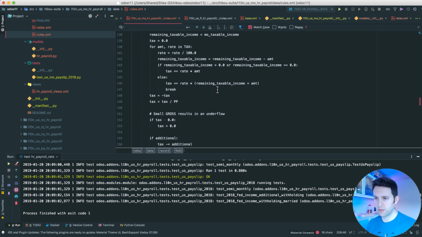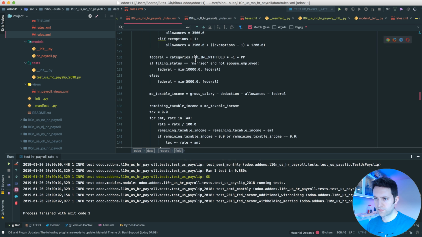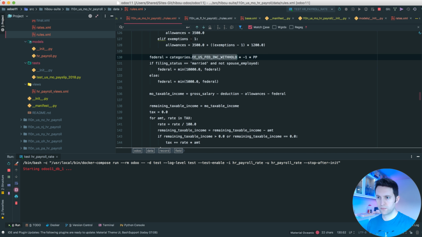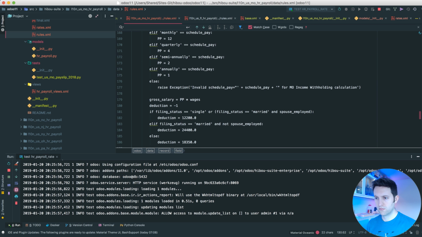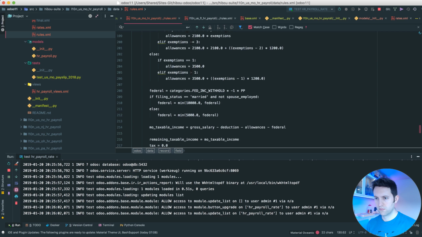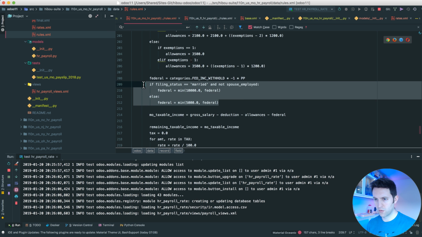And that's probably actually why the tests don't pass. Okay, so this part goes away.